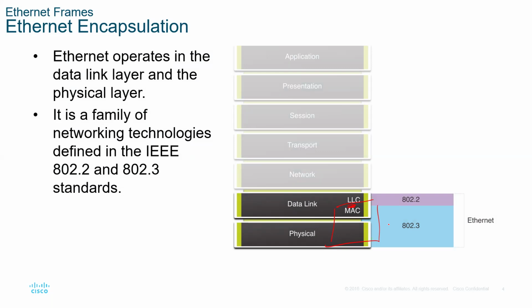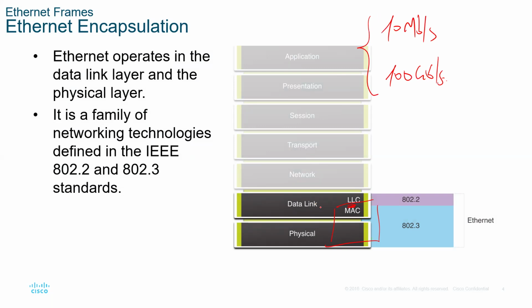And Ethernet supports data bandwidth ranging from 10 megabytes per second up to 100 gig per second. What differentiates these is mostly the type of media that we are going to have.